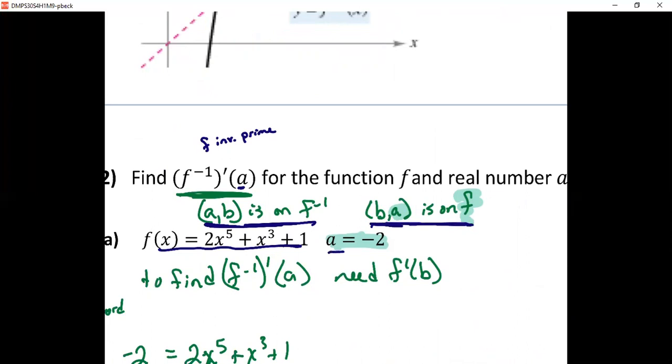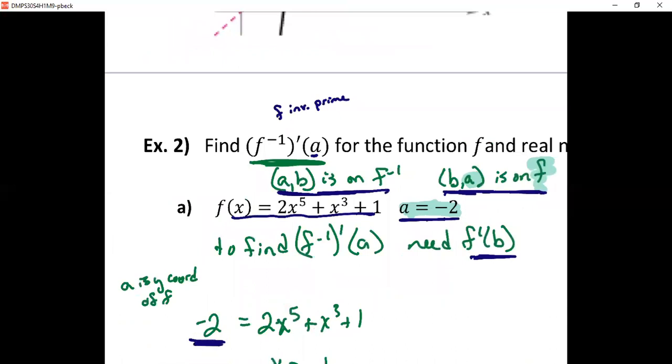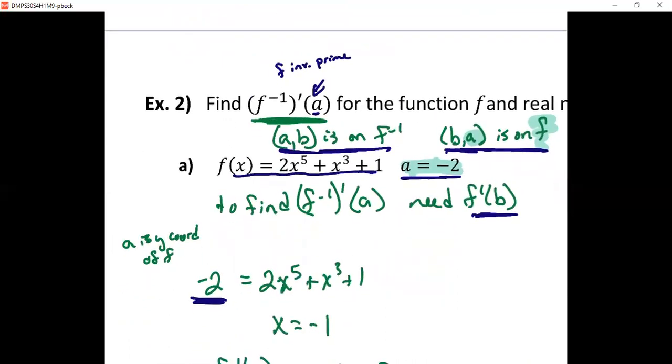So if I want to find f inverse prime of a, I really need to know f prime of b. Well, how do I do that? A is going to be the y value on my original function because it's the x value on the inverse. So the y value equals this expression. Now I'll tell you, we have to intuitively come up with this answer.